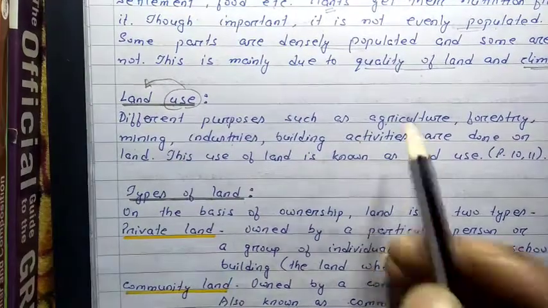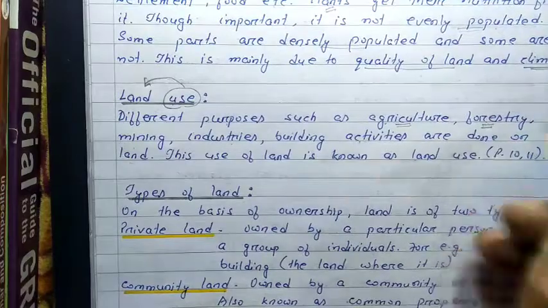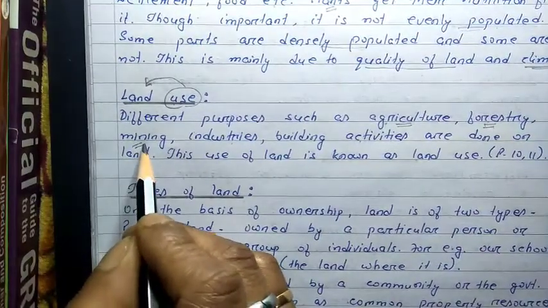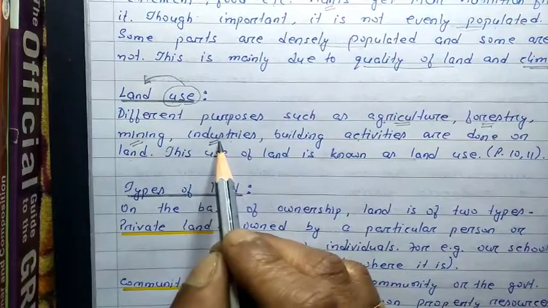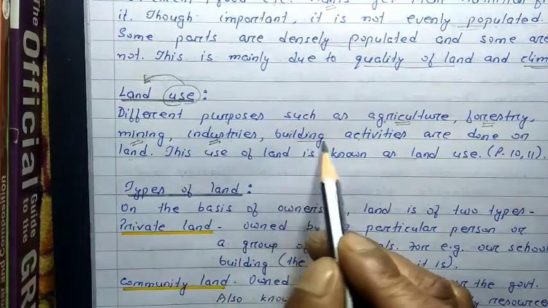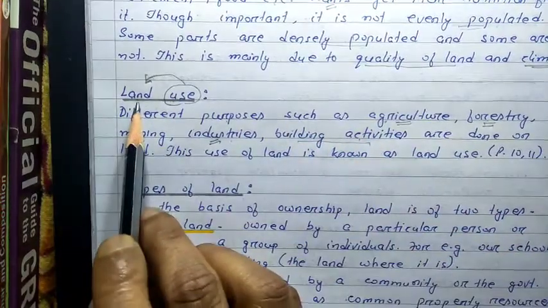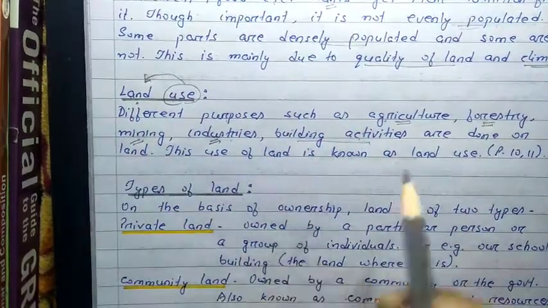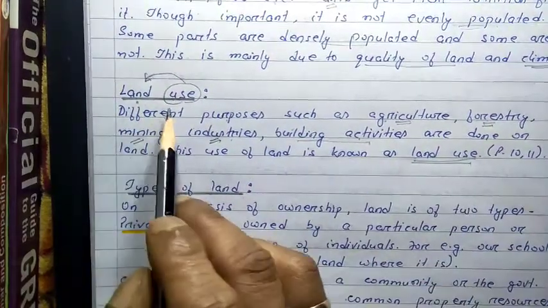Land can be used for cultivating crops, that is agriculture. Forests are there on the land. Mining activities, that is getting different types of minerals. Industries, different types of factories, and building activities, our housing, all these things are done on land, and this use of land is known as land use. I hope it is clear what the meaning of land use is.